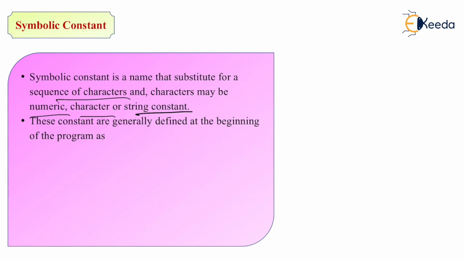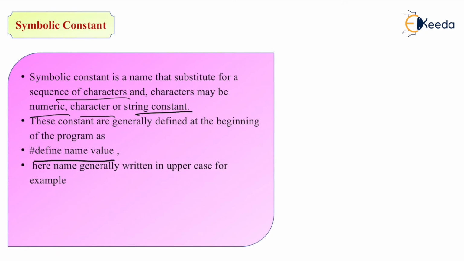These constants are generally written at the beginning of the program like #define name value. Here the name is generally written in uppercase to specify that this type of name is a symbolic constant.